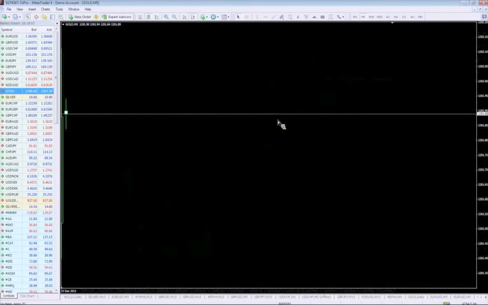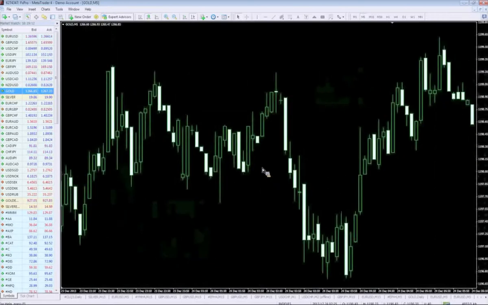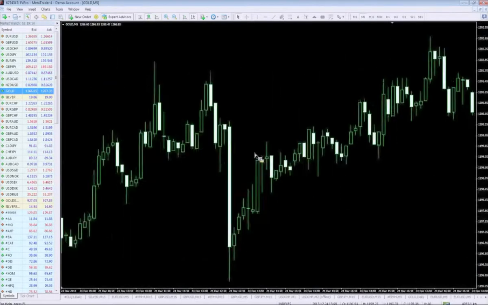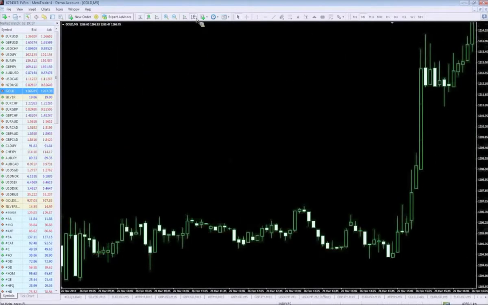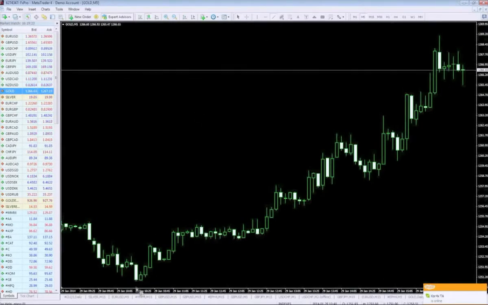Someone's mentioning gold. Let's take a look at gold. I just want to get it to near current time. Again, we are clearly in an uptrend, but you'll see here that we had a push up and then consolidation.